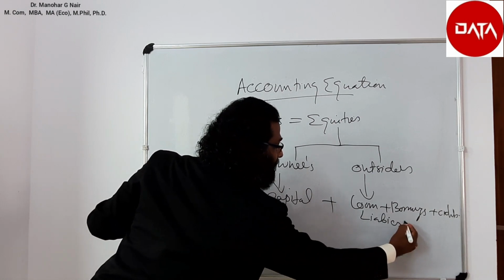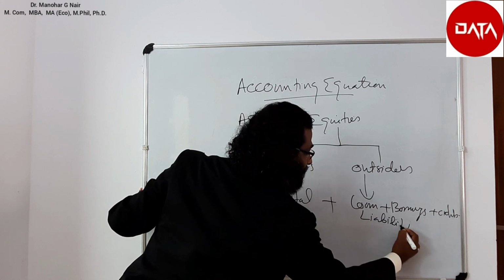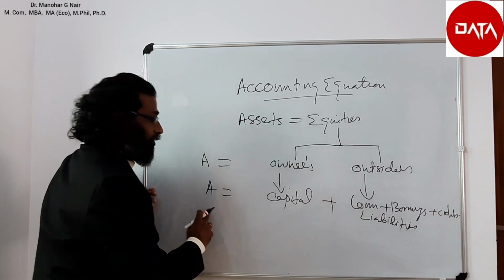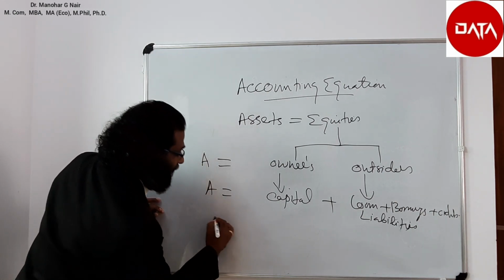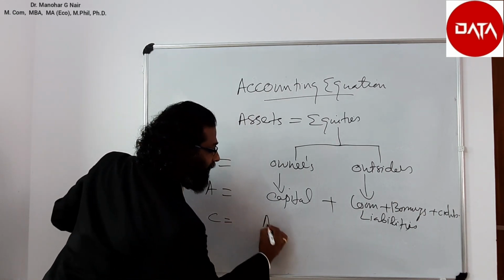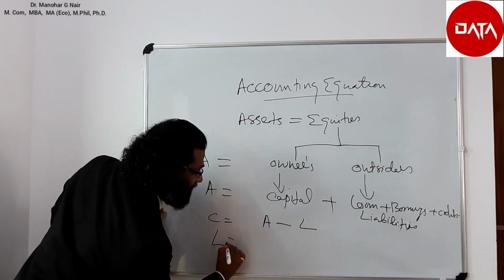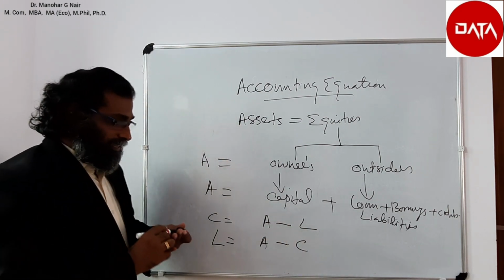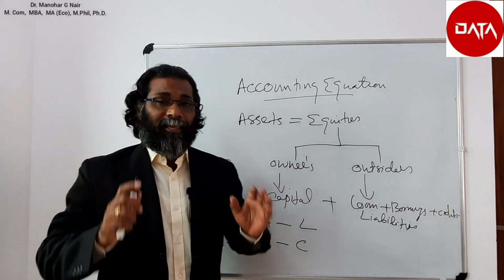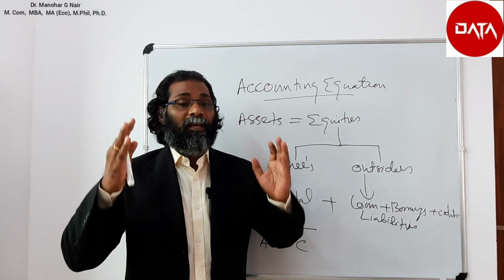Outsider's equity is otherwise said to be liabilities. So asset is equal to capital plus liability, or capital is equal to asset minus liabilities, or liability is equal to asset minus capital. Based on this equation, the whole accounting principle of double entry rule stands.